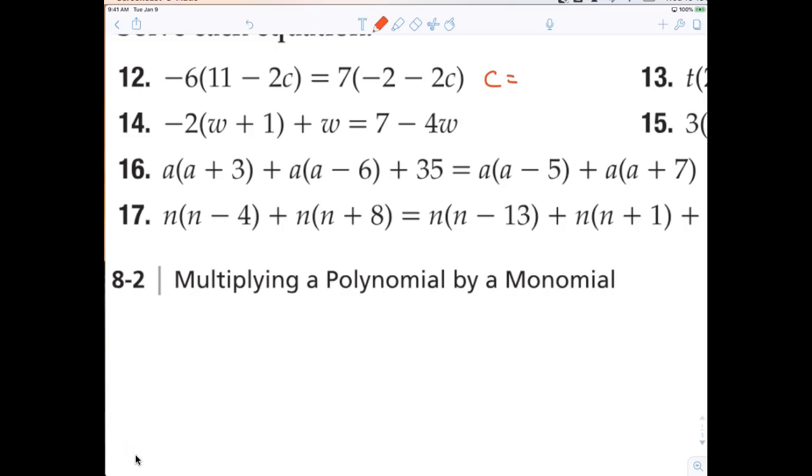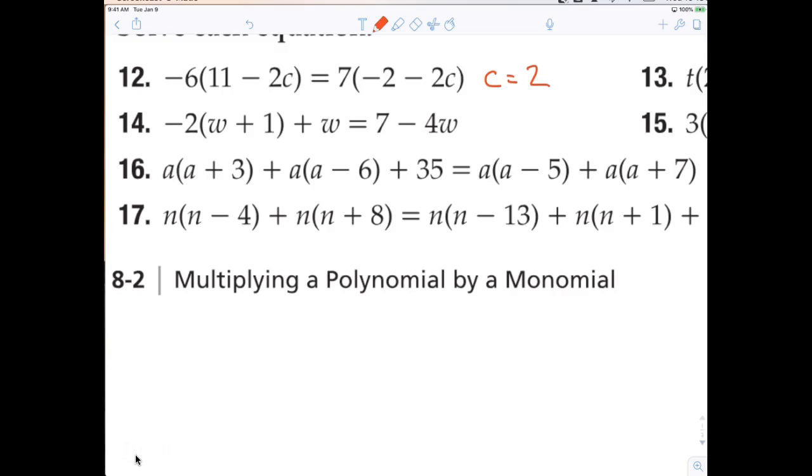What is it? Very nice. C equals 2. Do I need to show anybody? You're just distributing, combining like terms. Any questions?